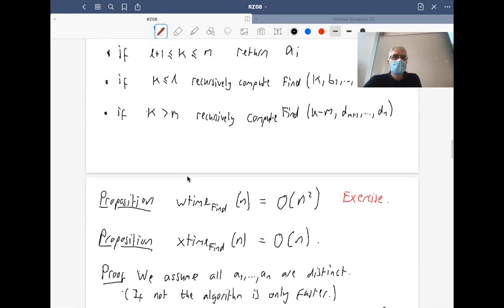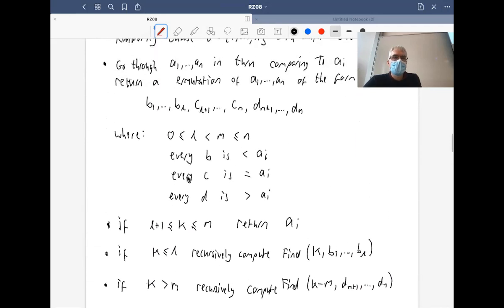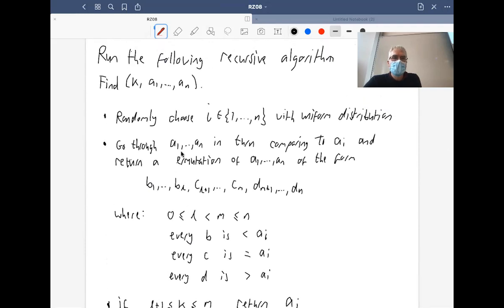In the non-recursive part of the algorithm, when we start, we randomly choose an I. That doesn't take any time at all. Well, it takes one step, let's say. Then going through a1 to an and checking each element to see if it's smaller than, equal to, or greater than a sub I, and putting it in the right place as appropriate.